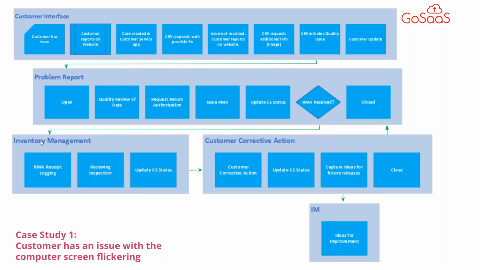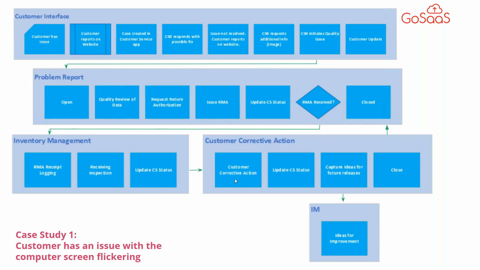Once it comes back, inventory management operations are involved because you've got to log that you've received it. We go through a receiving inspection, which can also be done in the cloud. There's a full inspection process that's available. We're going to update the customer that it's received and everything's okay.